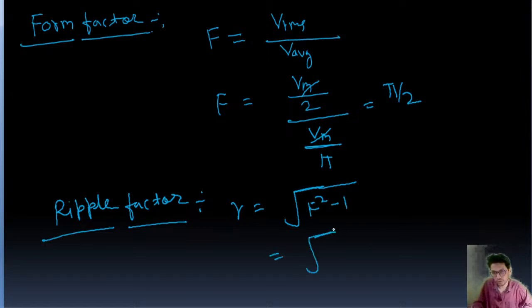So this value is going to be root of pi square by 4 minus 1, and this is almost equal to 1.21. So the ripple factor for half wave rectifier is 1.21.